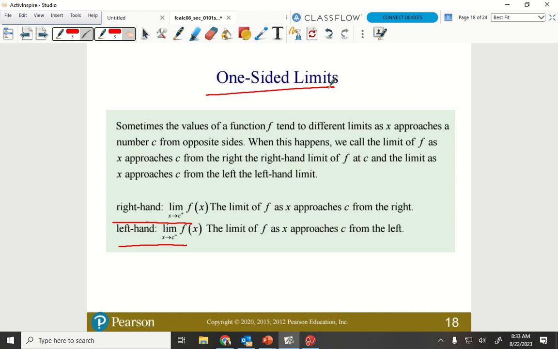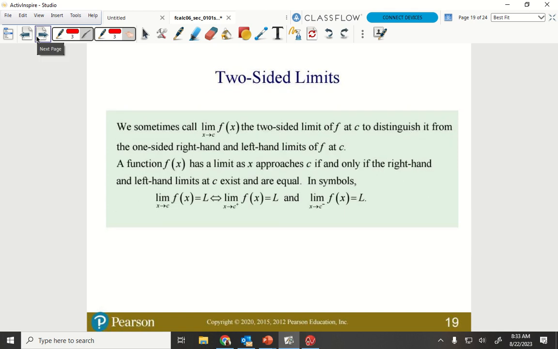So a one-sided limit would be just one side going to the number. A two-sided limit is the definition that we have, that the left side and the right side both approach the same thing for the limit to exist, left and right side both have to go to the same number. That's my two-sided limits.